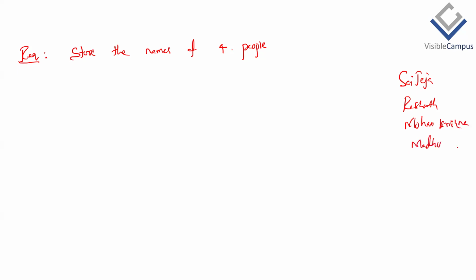How do you store all these names with our previous knowledge of Java? In strings, yes, we'll be storing them as strings, correct or not? So like you said, inside the main method, let me use the string data type with a variable name1 equals the first person's name. Since it's a string, it has to be enclosed in double quotes, correct or not?